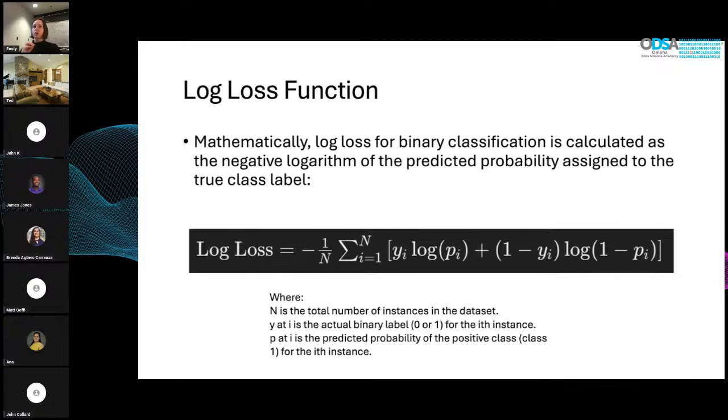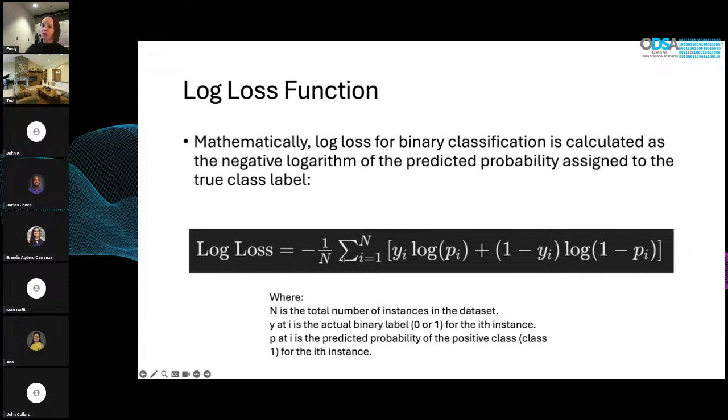Just like when you calculate a plain average, you take all the values. Let's take houses, for example. What are all the prices of a house? Take 1 plus 2 plus 3 plus 4. We add them all up, and then we divide by how many houses there were. There were 5, or 4, and then we get the average, 2.5. Just like we would do that, in this metric we're doing the same thing.